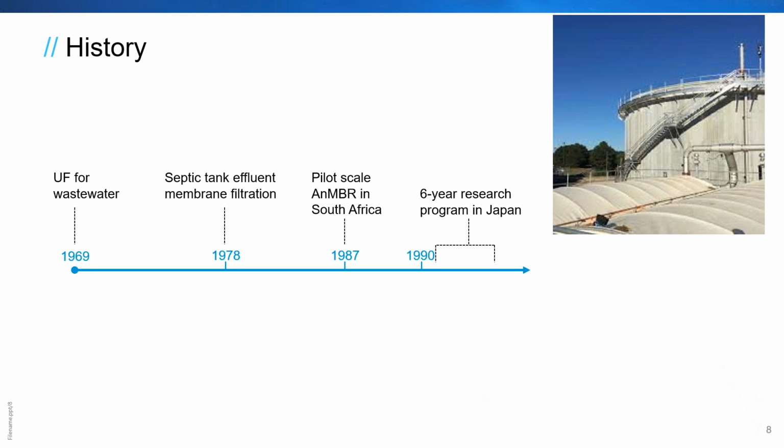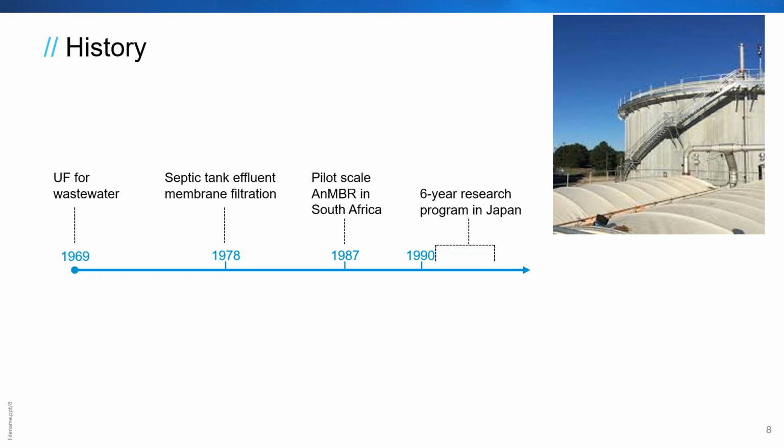This is just a brief history of some of the things that have been looked at in the past on anaerobic MBR. Really early on, in the 60s, some people tried to take a UF filter and put it in the back of a septic tank. So in some ways, you can call that an anaerobic MBR, trying to see how that would work together.